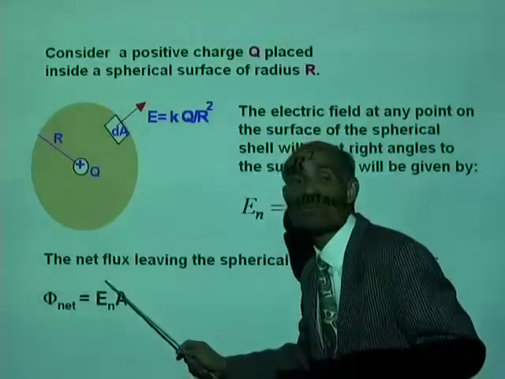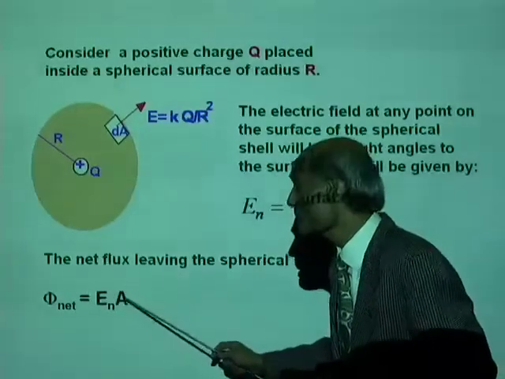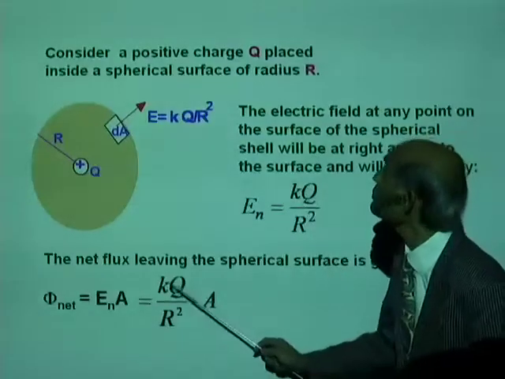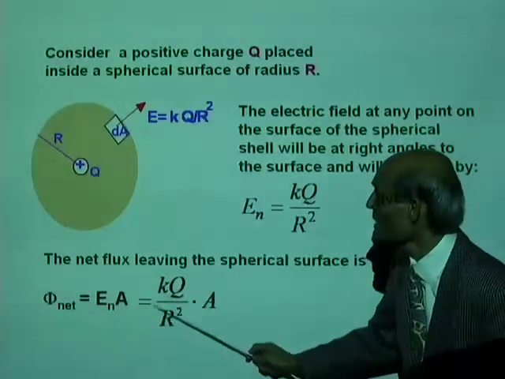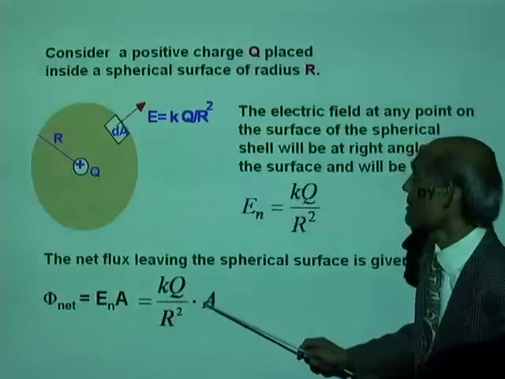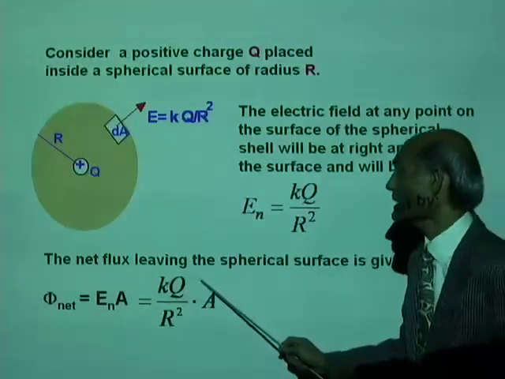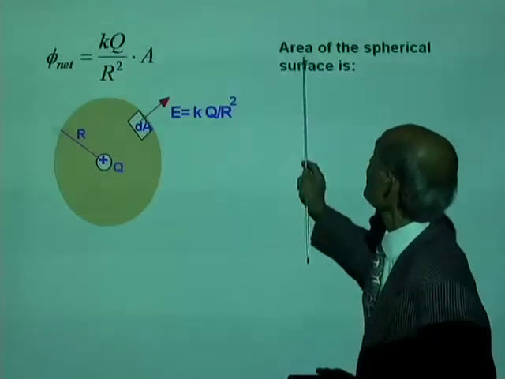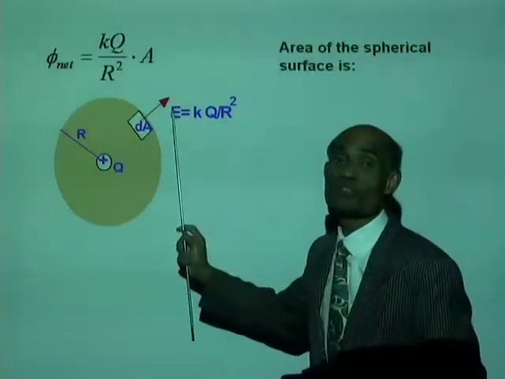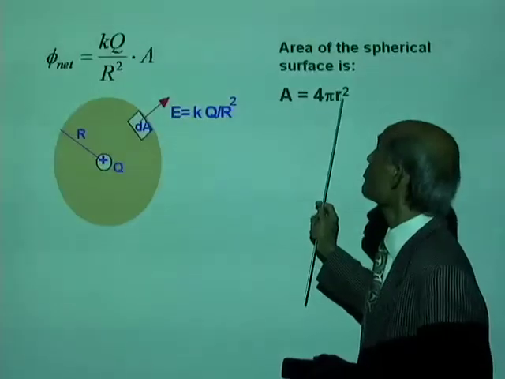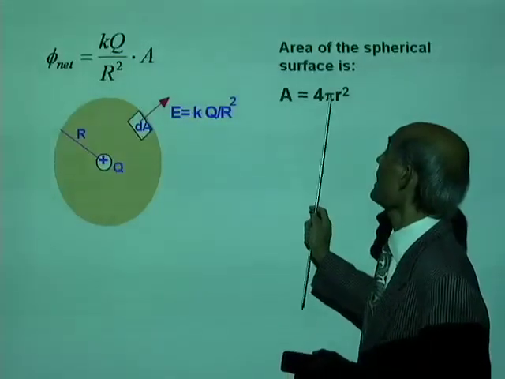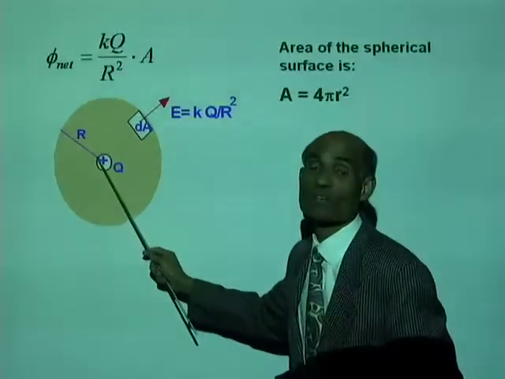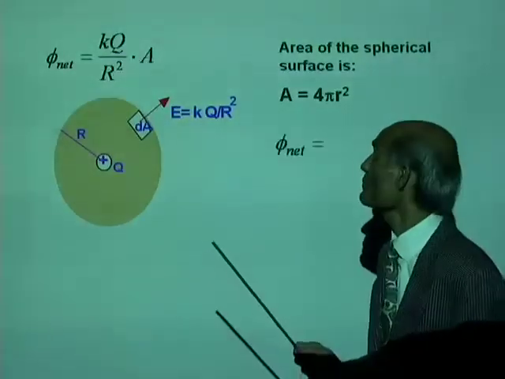Phi net equals the electric field multiplied by the area, and that will be kq over r squared is the electric field, and multiply that with the area. What is the area equal to? Well, the area of a spherical surface is A equals 4 pi r squared. Here, this r equals this big R, the radius of the spherical surface.